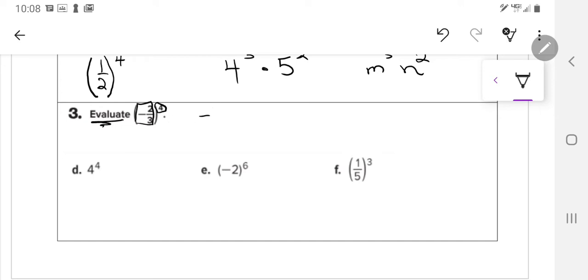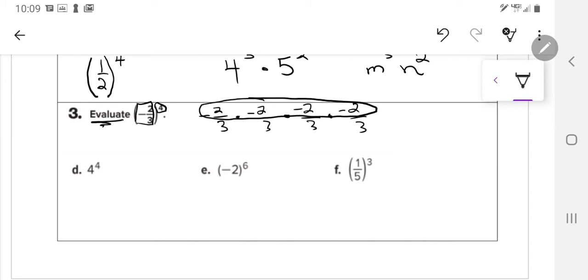So that's going to be -2/3 times -2/3 times -2/3 times -2/3. Essentially, it is saying multiply 2 by itself 4 times and multiply 3 by itself 4 times to get our answer.